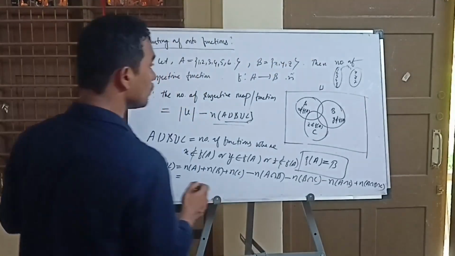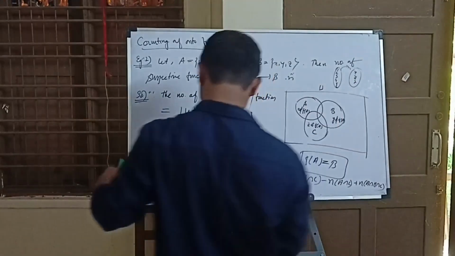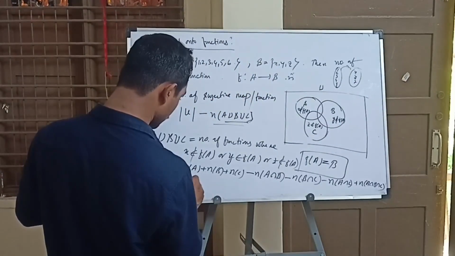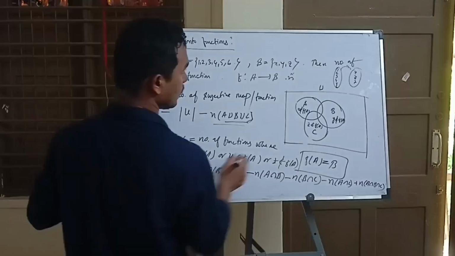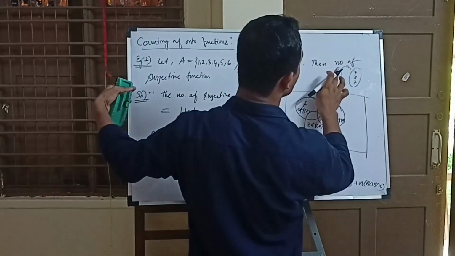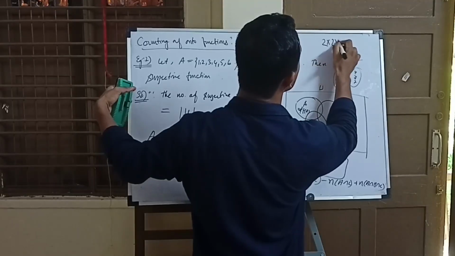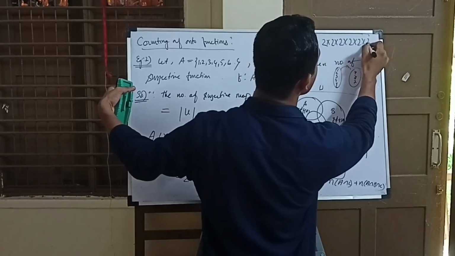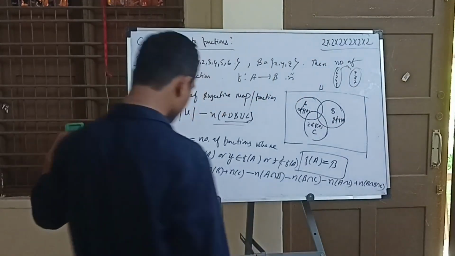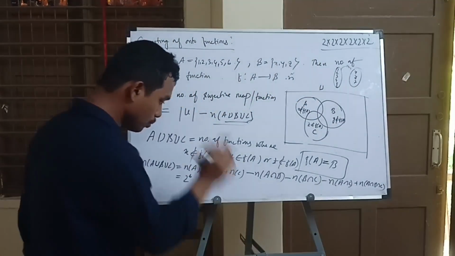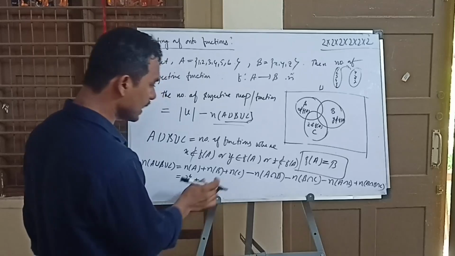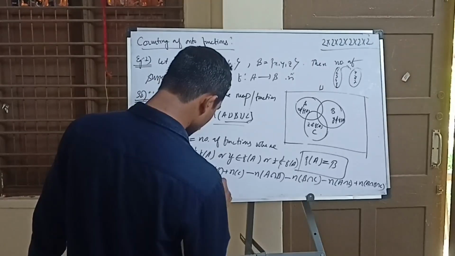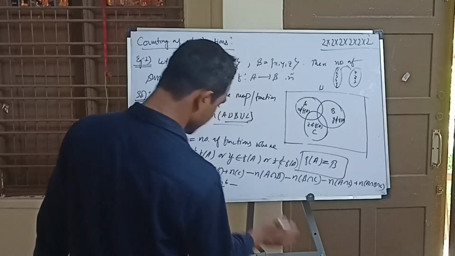So the number of A is what? It is 2 to the power 6, because f of 1 has 2 choices, f of 2 has 2 choices, up to f of 6 has 2 choices. Correct? So n of A is 2 to the power 6. Similarly, n of B is also 2 to the power 6, and n of C is 2 to the power 6.